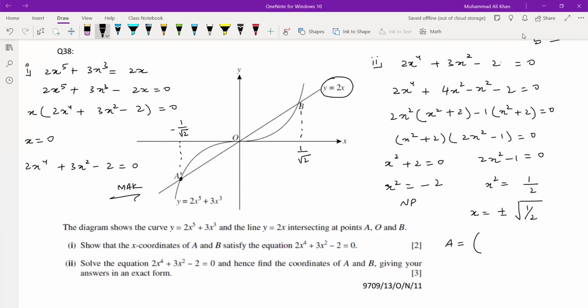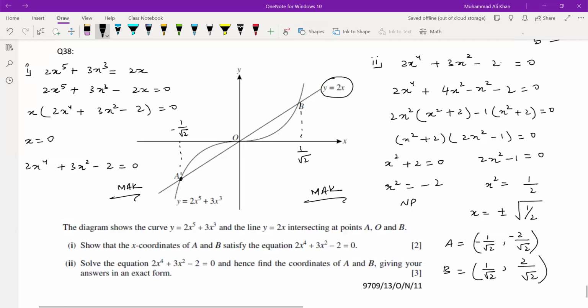If we replace minus 1 upon under root 2 here in the equation of the line, then if the x coordinate is minus 1 upon under root 2, the y coordinate is 2 upon under root 2 with a negative sign. And for B, if the x coordinate is 1 upon under root 2, we put it in the equation of the line, so it will be 2 upon under root 2. These are the coordinates of A and B. Are you clear? Any confusion?